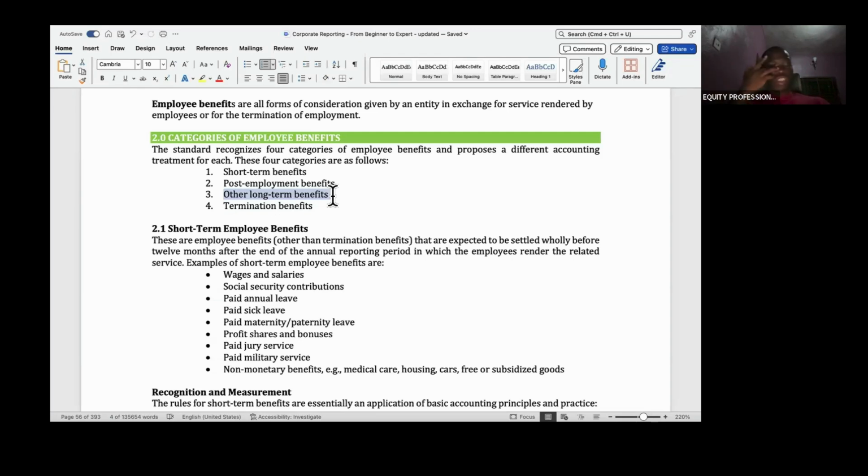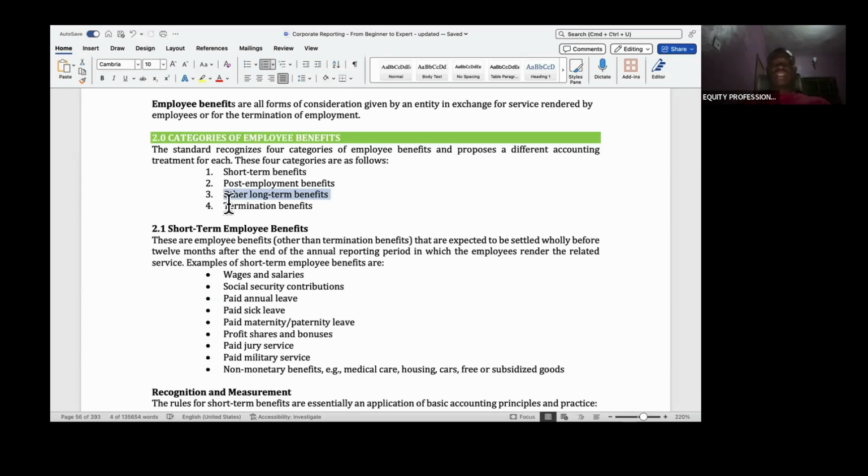And a popular one is this long-term service award. Or we give our employees car or house when they have worked with us for more than 1 year. So those are other long-term. They are benefits we give to employees after 1 year.